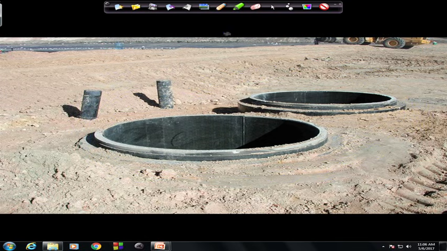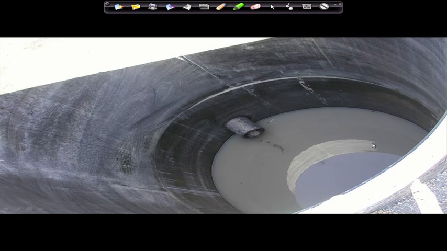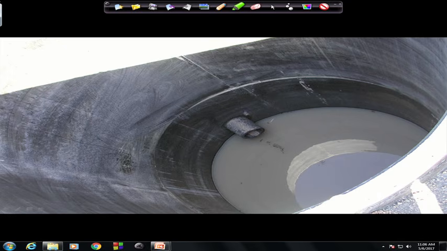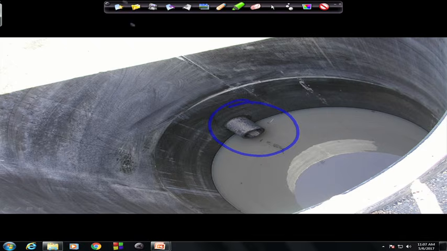We also call them leachate wells. This is how it looks. This is the leachate pipe coming in from the landfill, and it gets into this leachate sump. We put a pump in here, which pumps the leachate out, and then the leachate is taken out for treatment and disposal.